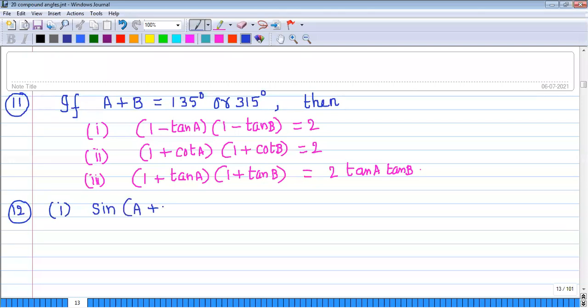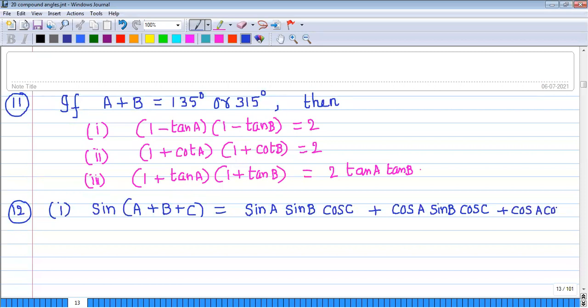Sine of a plus b plus c is sin a sin b cos c plus cos a sin b cos c plus cos a cos b sin c minus sin a sin b sin c.